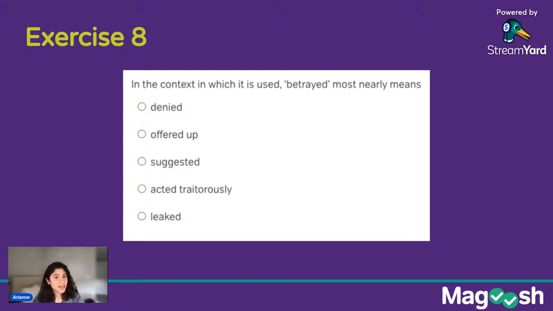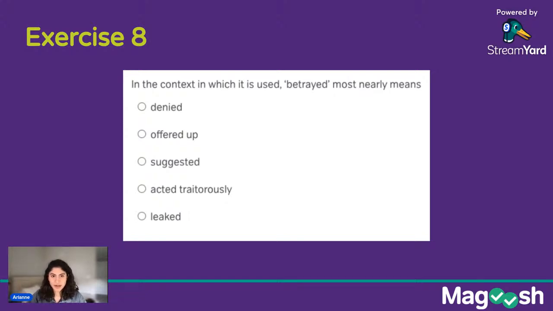Suggested, maybe it wouldn't come or it's not as intuitive because it doesn't seem like something when we read betrayed, right? When we read betrayed, we think of somebody who is treacherous, somebody who did you wrong. But in reality, the definition of betrayed also is giving information to the enemy, right?